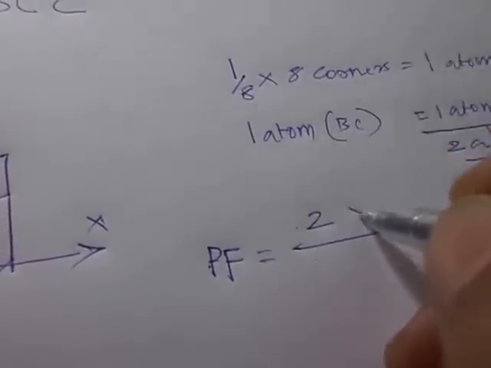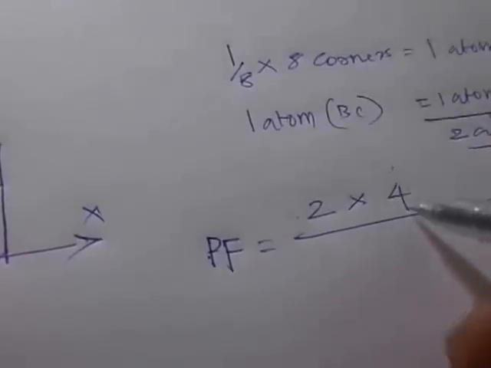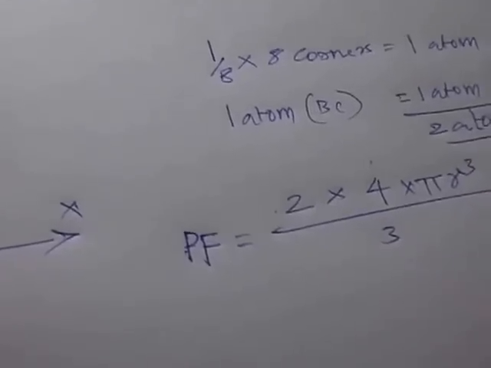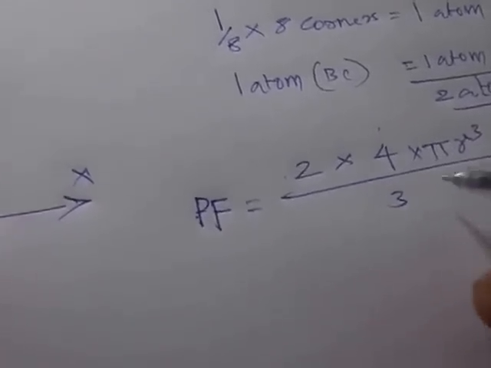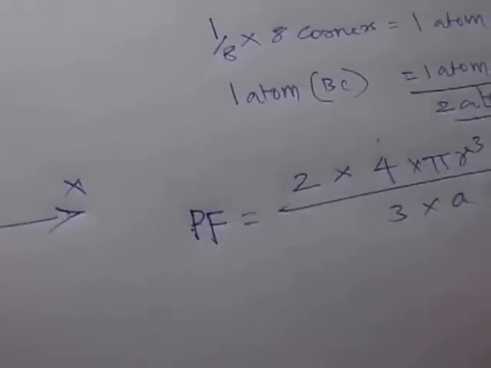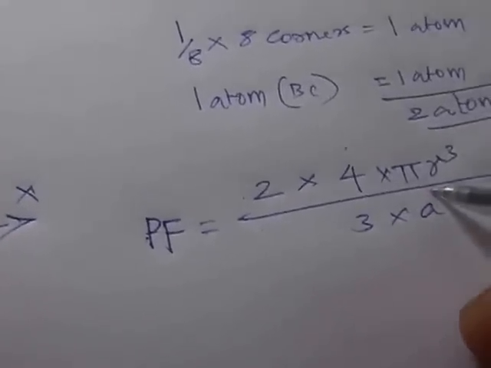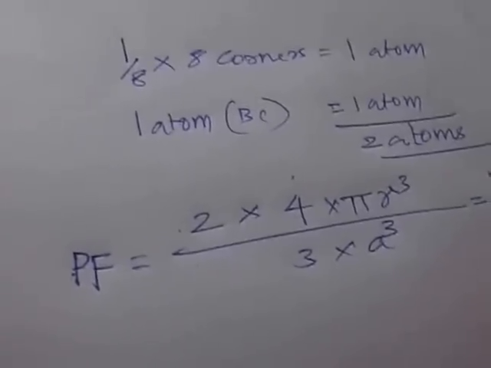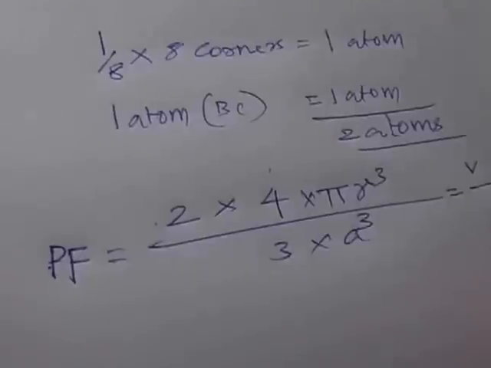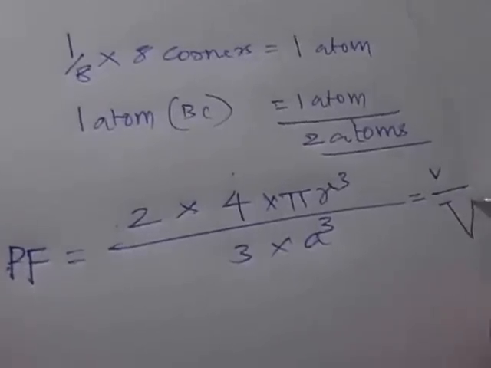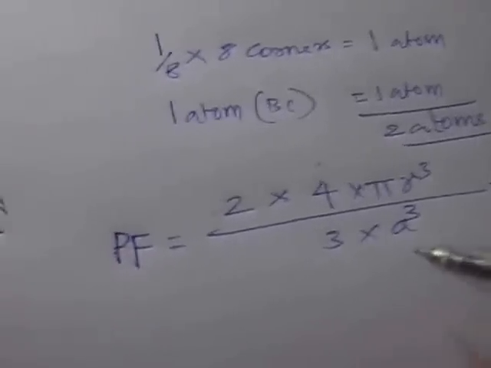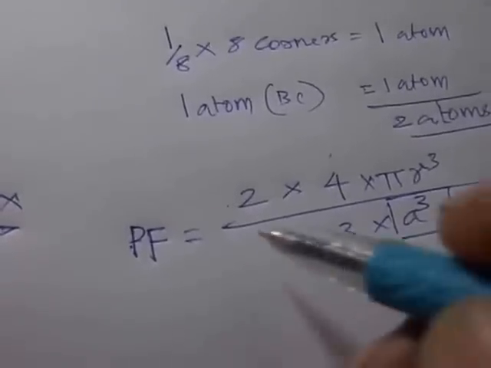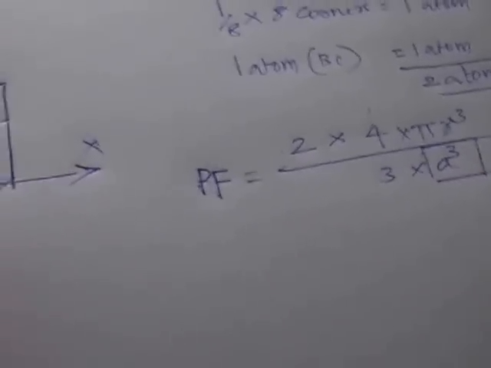So 2 into 4 by 3 pi r cube divided by a cube, since it's a cube of side a, volume is a cube. Packing fraction equation was small v, volume of the atoms inside the unit cell, divided by volume of the entire unit cell. Volume of the unit cell is a cube, and small v is the rest of the things. Okay.